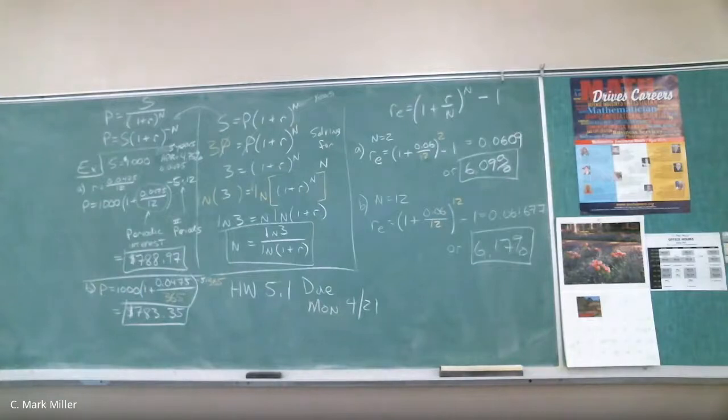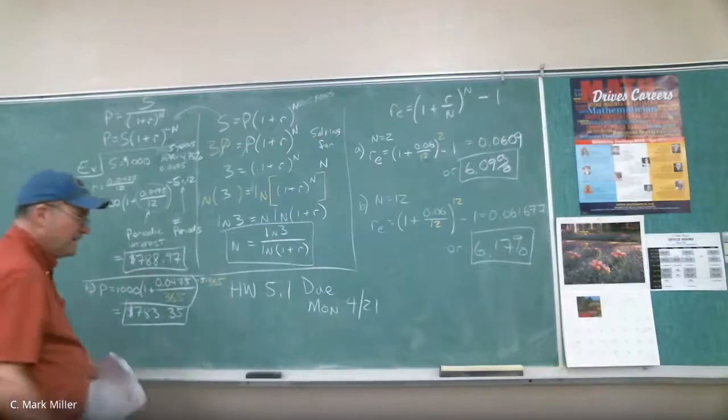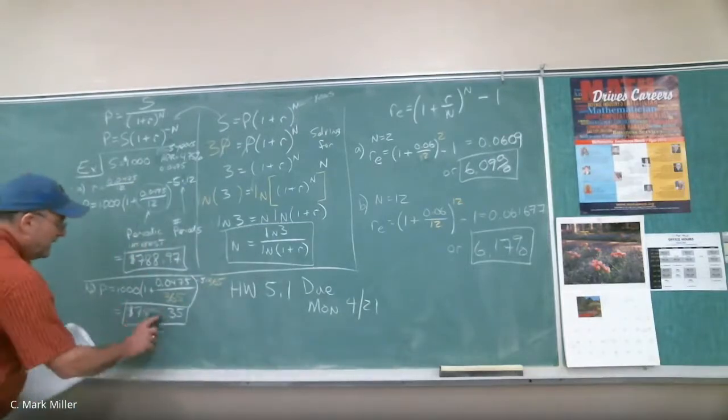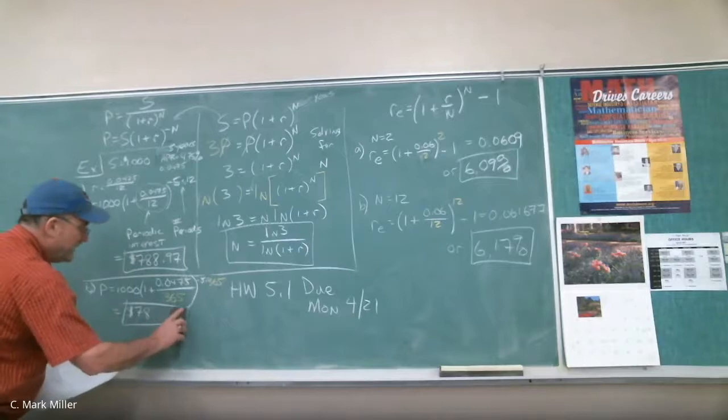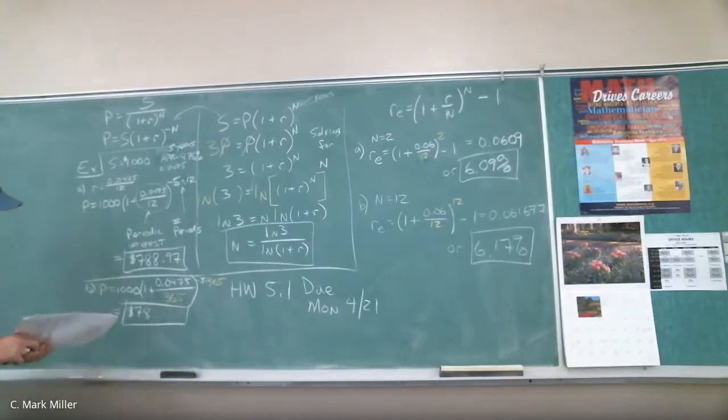Oh, you know what? The slide is wrong. I divided 0.0475 by 355 instead of 365. This one we have 788.609. Okay, that's what I got too. I have an older set here. Okay, good. So we have a correction right here, and this is correct. Thank you for mentioning that.